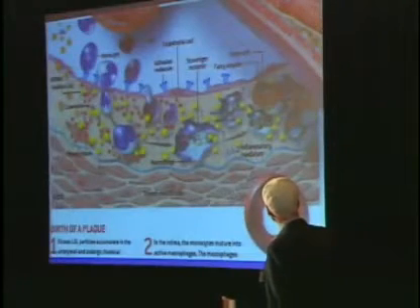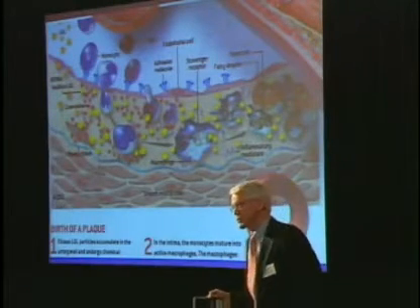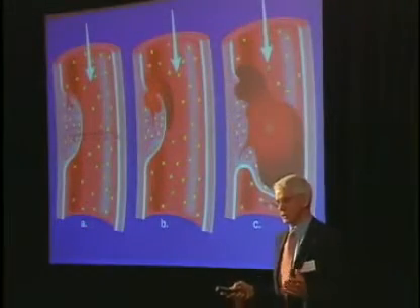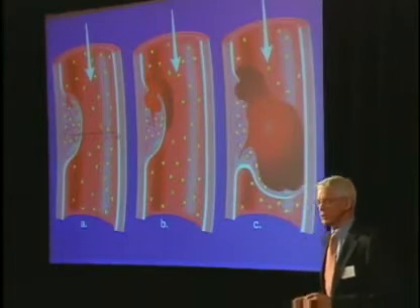And this is wonderful work from Peter Libby from Harvard, who has shown us that the foam cell produces these very nasty chemical substances which lead to this vicious cascade of events. I'll mention them once, you don't have to remember them for the test. Foam cell makes metalloproteinases, stromelysin, elastase, collagenase, which do what?